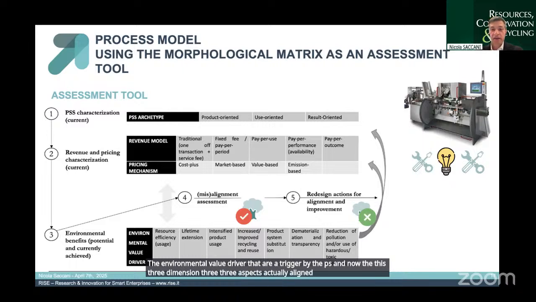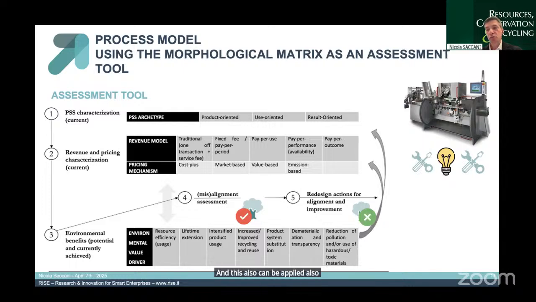If they're not aligned, so the revenue and pricing mechanism entail, let me say, bad behaviors for the environment, they can be adjusted. And this can also be applied when designing new PSS offerings.